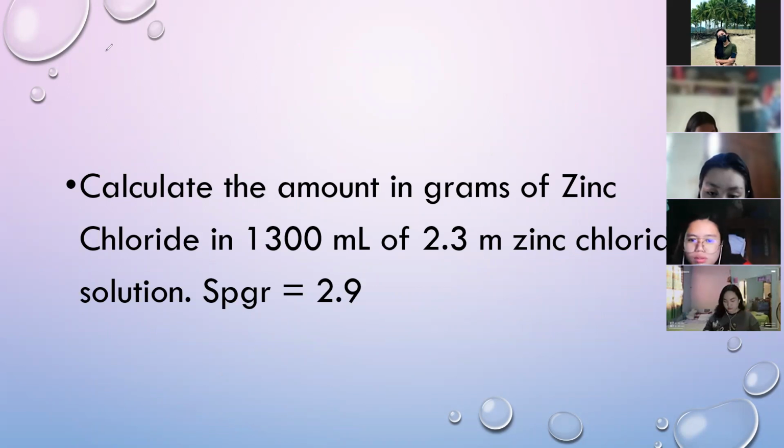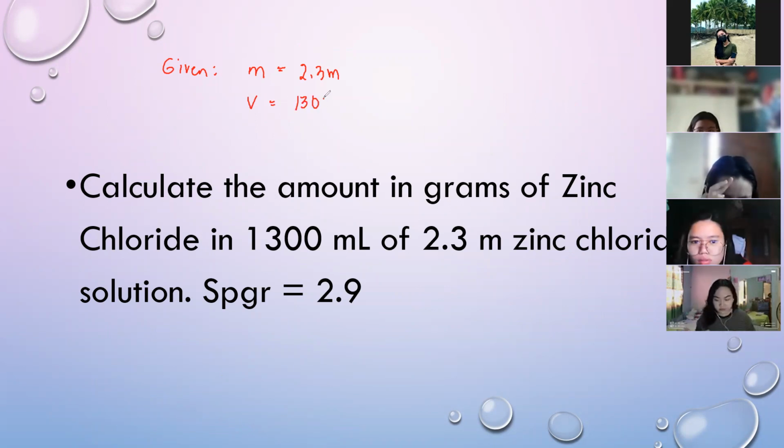Baliktad ito. Yung given natin here, lista natin yung given. The given is, given yung molality, that's 2.3 molal. And then, given din yung volume ng solvent, that's 1,300 ml.